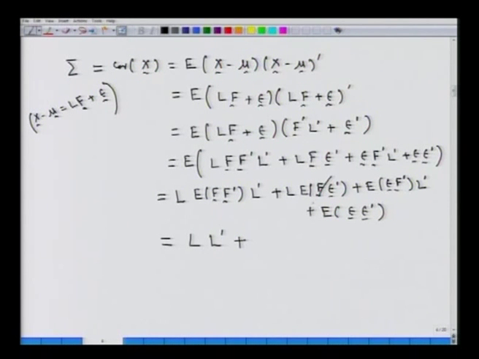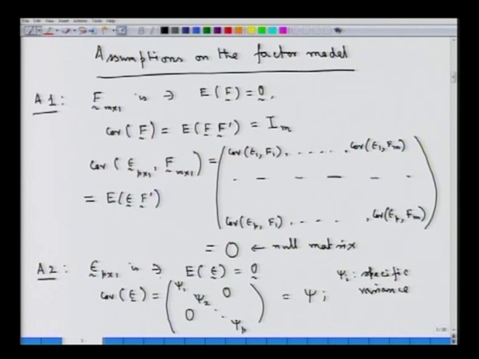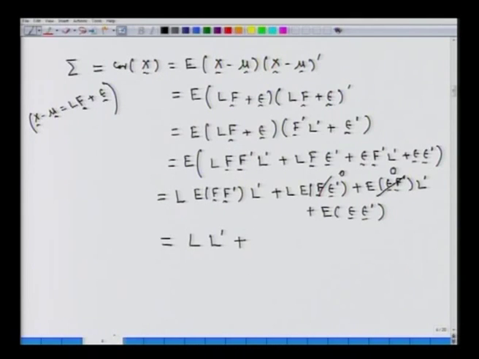So, this vanishes, this is equal to a null matrix, and so is this. This is also equal to a null matrix, and what we have is the expectation of epsilon epsilon transpose, expectation of epsilon being equal to 0. This is just the covariance matrix, so this is further equal to the expectation of epsilon times epsilon transpose. So this is equal to psi.